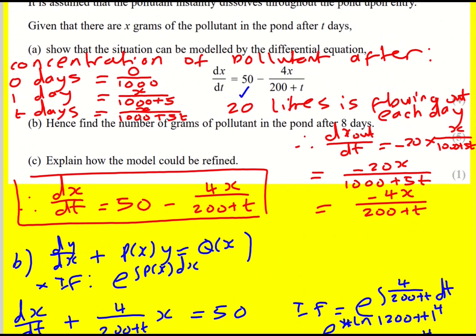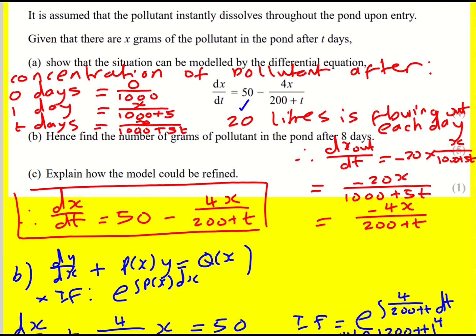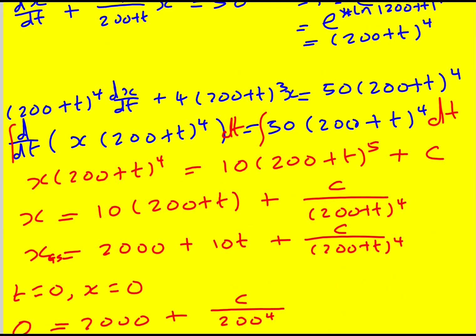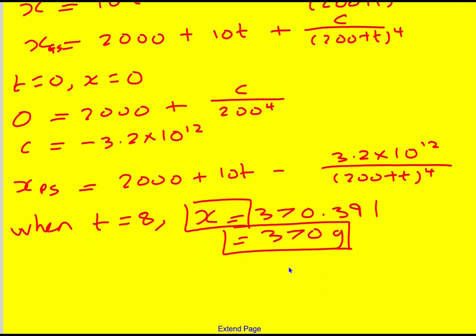Then part C says, explain how the model could be refined, i.e. what is it not including, or what are some assumptions made that we could maybe improve upon? I think I went down the wrong, well, my answer's not in the mark scheme, but actually I think it's okay. So I took a look at the particular solution and then said, as t approaches infinity, well, we're going to get a fixed term here, but this is also going to tend to infinity.